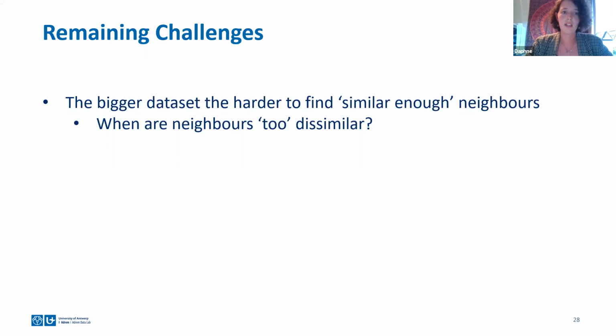But it should be noted, like I already said earlier, especially with a bigger data set, so with data sets that contain this kind of explainable discrimination, it may still be hard to apply situation testing because you might not always be able to find neighbors that are similar enough to an instance in question. So one very open research question is still: when are neighbors too dissimilar to base discrimination scores on?